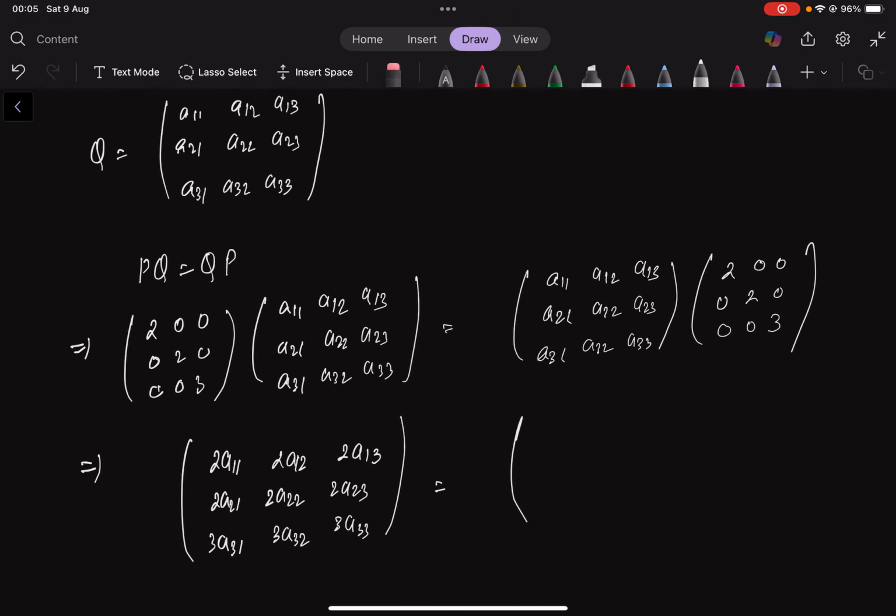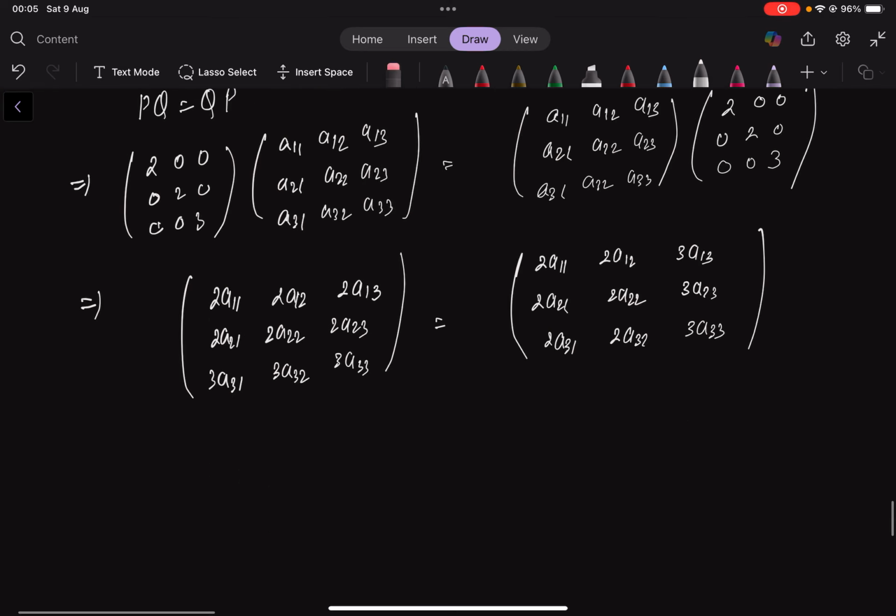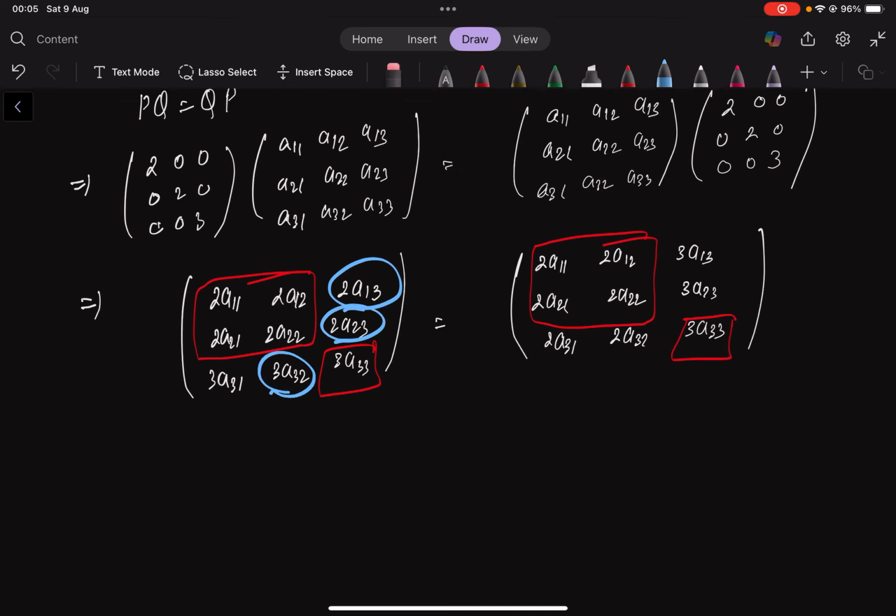And that is equal to, similarly if we multiply on the right hand side, 2A11, 2A12, 3A13, 2A21, 2A22, 3A23 and 2A31, 2A32, 3A33. So if we consider the 3 cross 3 element, that is the same, and even the 1 cross 2 to 2 cross 2 elements are also the same. So the only differing elements are these.